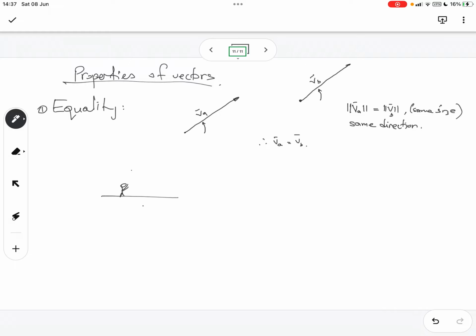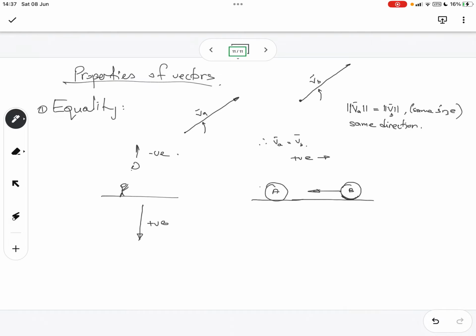That's property number 1. Property number 2 is, okay, if we have a vector that has an opposite direction to the reference positive direction, we say it's a negative vector. So for example, let's say we are throwing a ball up in the air. If we assume that down is positive, then the ball being thrown up is in the negative direction.